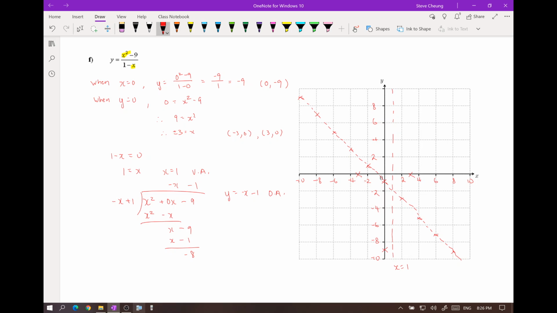Okay, can you see how the curve is going to go? For this to intersect the x-intercept at -3, it needs to be something that looks like, I have to draw it this way, I think. And then here, like that.